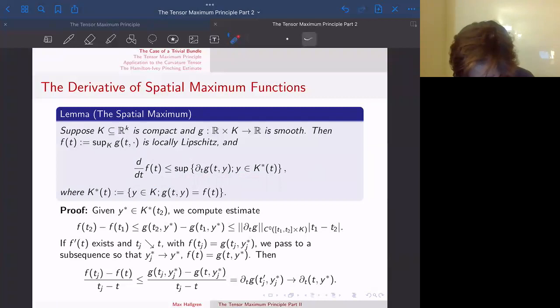So we take the supremum over all y in the set K star of t.